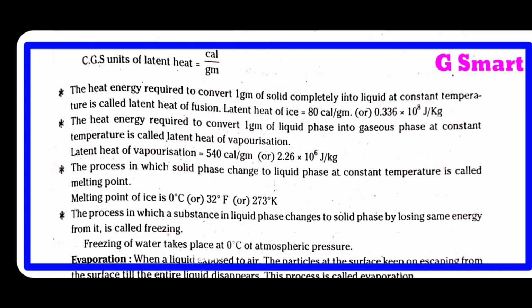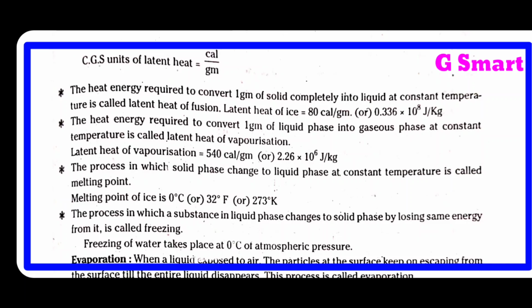The heat energy required to convert 1 gram of solid completely into liquid at constant temperature is called latent heat of fusion. That means when the substance changes its state, there is no rise in its temperature.